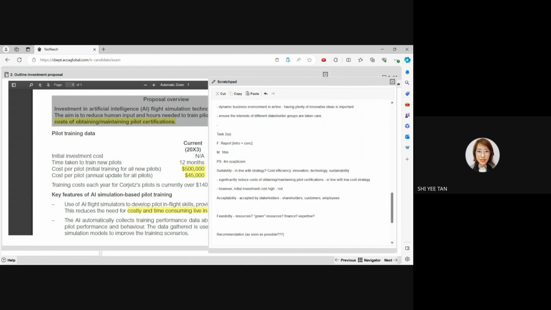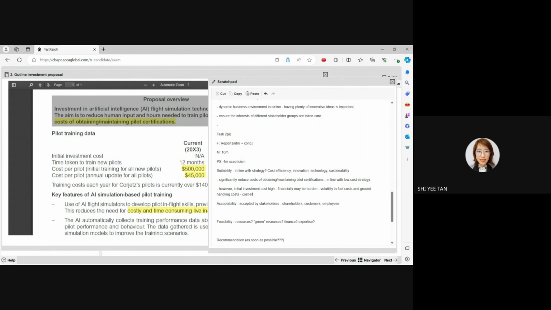Financially it may be a burden, given that currently there's volatility in fuel costs and ground handling costs. So the idea of achieving cost efficiency, if they want to invest in this technology, there's a value of cost efficiency.